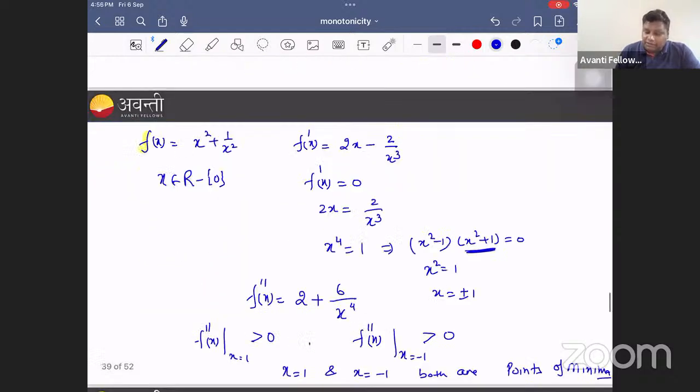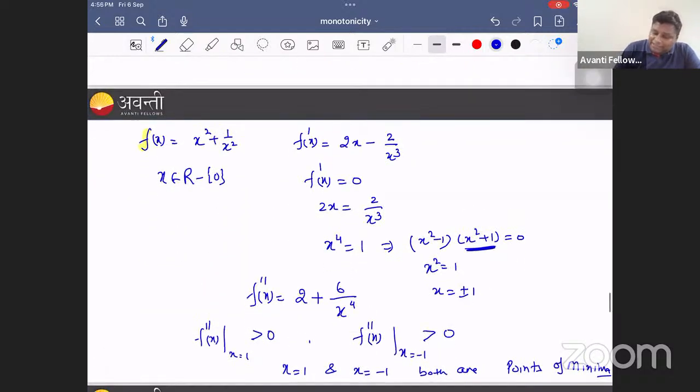If you see, replacing x by minus x does not change the function. In our very first lecture, I told you what an even function is. So this is an even function, and an even function is symmetric about the y-axis. So whatever behavior is there at x equals 1, the same behavior will follow at x equals minus 1.